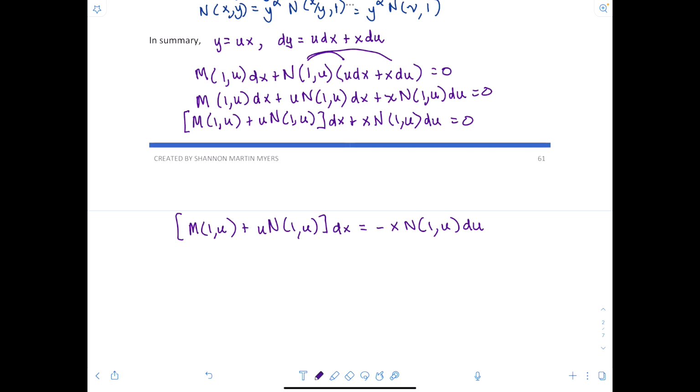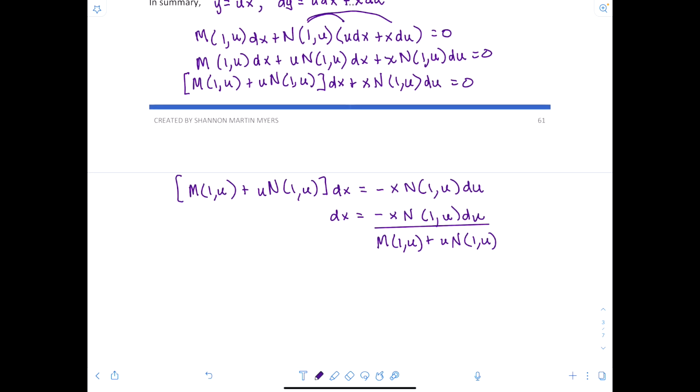Now I want to end up with dx over x. So when I do so, I will be dividing both sides. First I'll isolate dx, just to make it clear: dx is negative x times N(1,u) du over M(1,u) plus u times N(1,u).